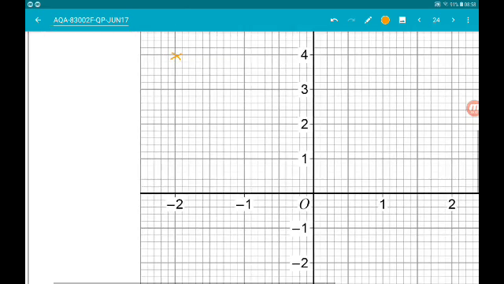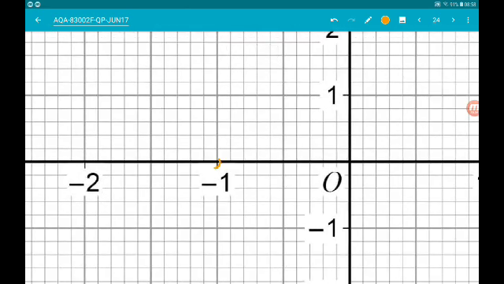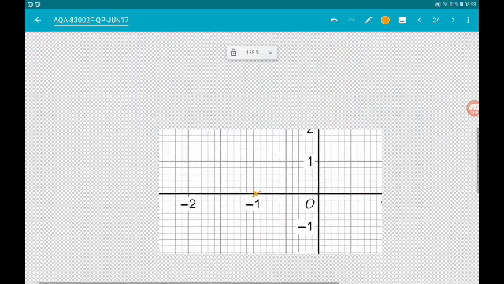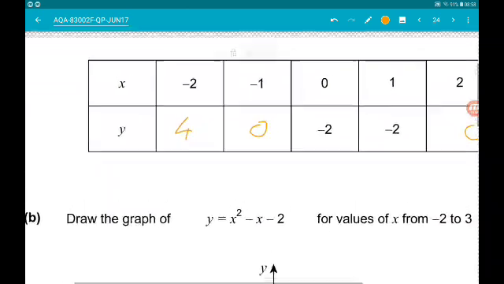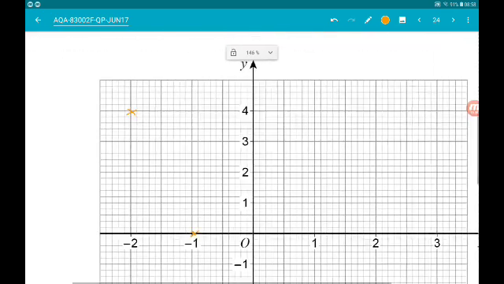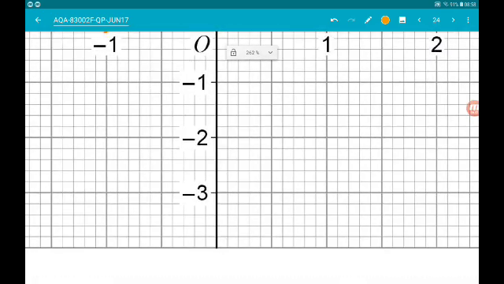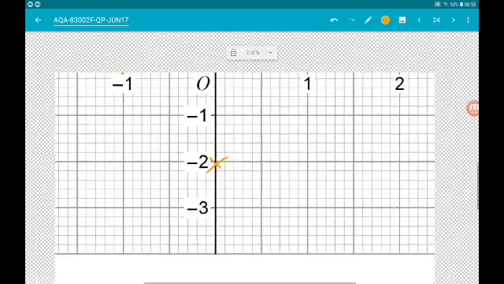Next one, -1, 0. That's there. Next one, 0, minus 2 is there.